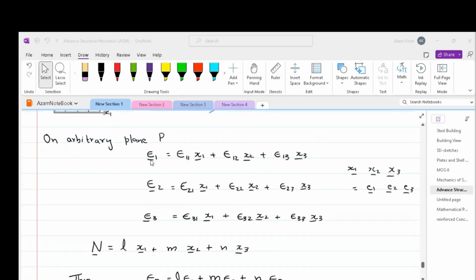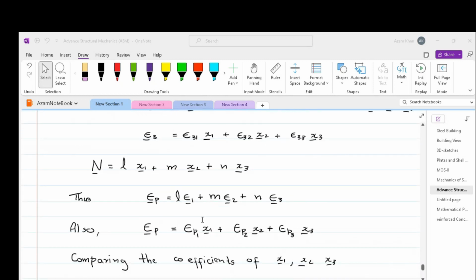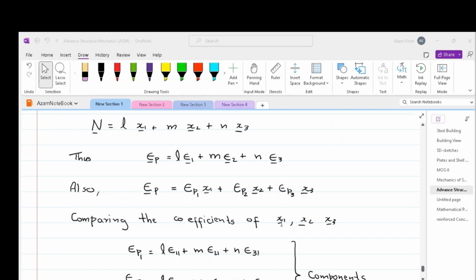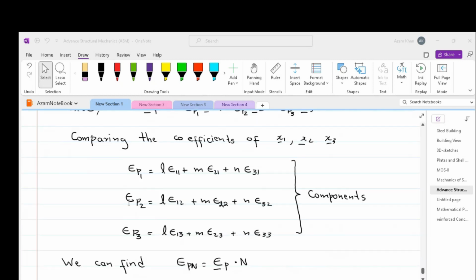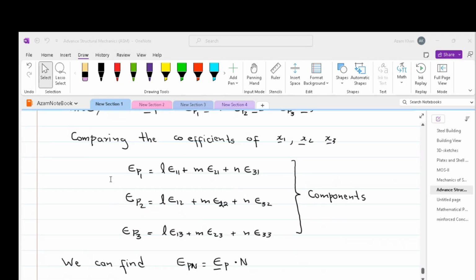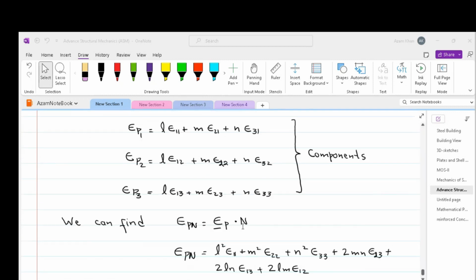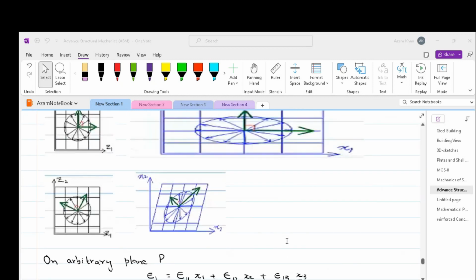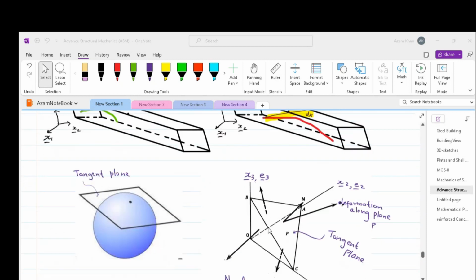As we have discussed, each strain is made up of one axial and two shear strains, so we can compare the coefficients of x1, x2, x3 and get the components strain P1, strain P2, and strain P3 in terms of strain 1, strain 2, and strain 3. Once we find out the component strain P, we can take a dot product with N and find out the strain corresponding to the outward drawn normal of the face ABC.